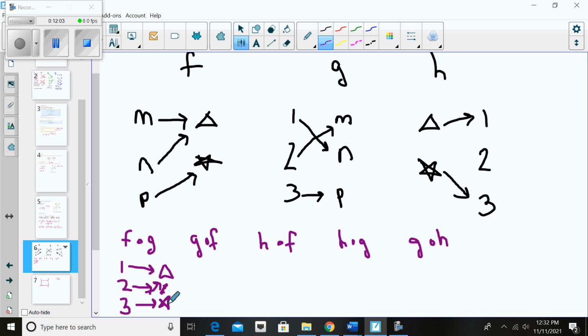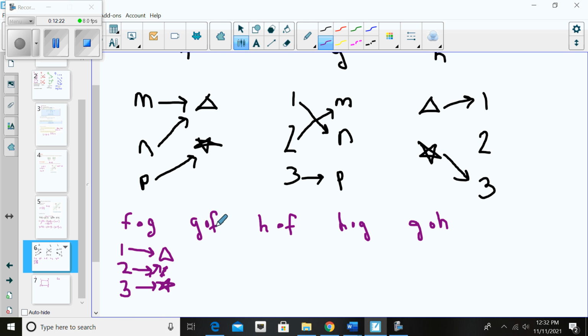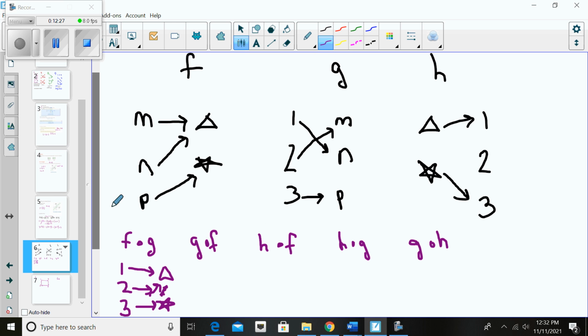Okay, so for this to work, I had to have the range of G be the domain of F, right? Otherwise, this composition wouldn't work. So if you look at the next example, F of G, that's how I realized I was doing it wrong.